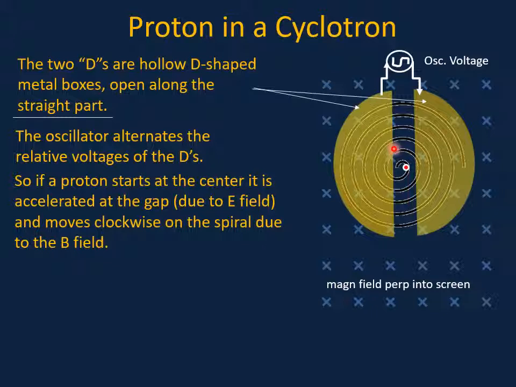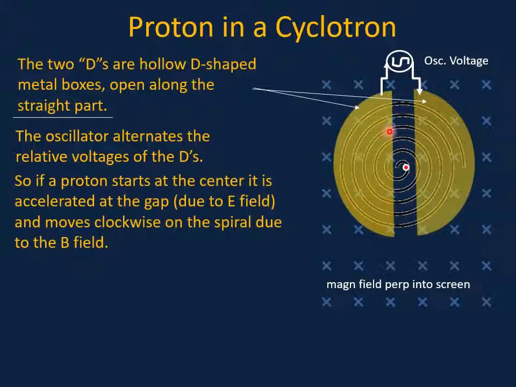And even though it may be traveling in a larger radius, the amount of time that it takes to complete a half cycle is always the same. So it gets accelerated here, it's faster. When it comes over here, the time taken to get over here is the same. It gets accelerated again, and the time taken to complete that circle is also the same.